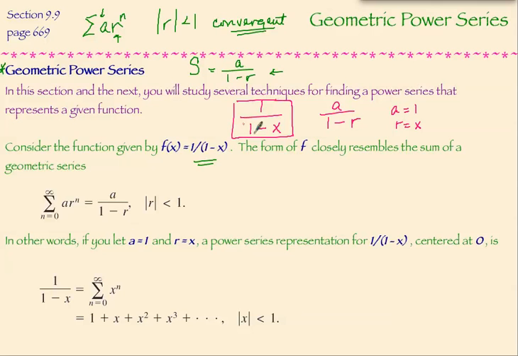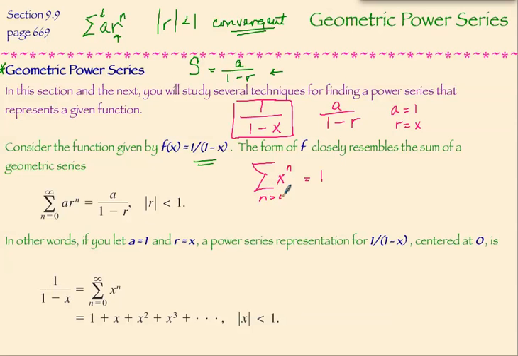Now the general term, because we have a equals 1 and r equals x, would look like this. You would have 1, which is a, and then since r is x, it would be x to the n. When you start generating some of those terms, when n is equal to 0, you get 1.